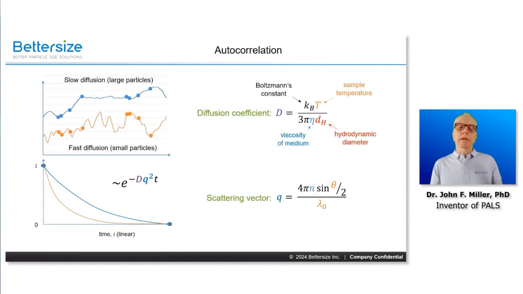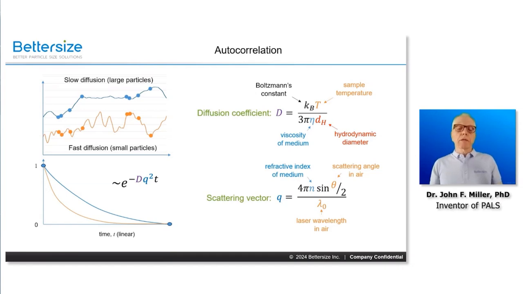The Stokes-Einstein equation relates the diffusion coefficient to the hydrodynamic diameter, d sub h, through the Boltzmann constant, the sample temperature T, controlled by the instrument, and the viscosity of the medium, eta. The scattering vector depends on the medium's refractive index, n, not to be confused with the refractive index of the particles, the scattering angle in air theta, and the laser wavelength in air lambda sub 0.